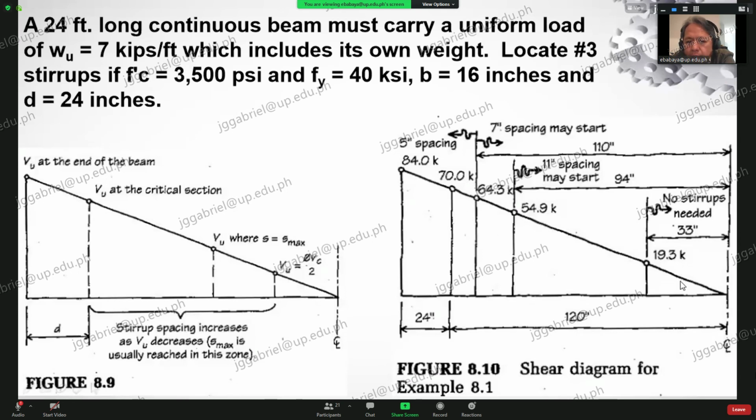Again, let me show that. 19.3 is the x here. That's the x. I'll just show that we are considering this triangle and this triangle, with a straight line.